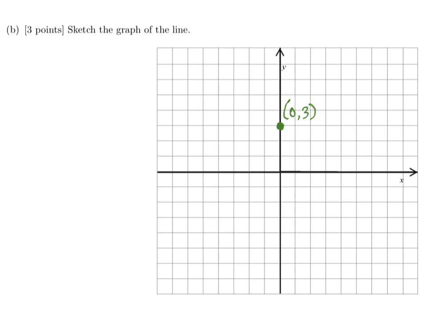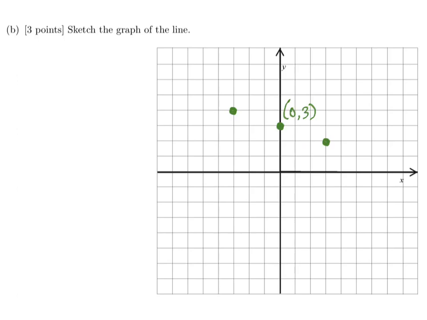The slope is negative 1/3, so that means we can go down 1. If negative 1 is in the numerator, we go down 1. And then positive 3 in the denominator means we go to the right 3 units. So I land here. I can get another point by going up 1 and then to the left 3, so positive 1 over negative 3 would get us there.